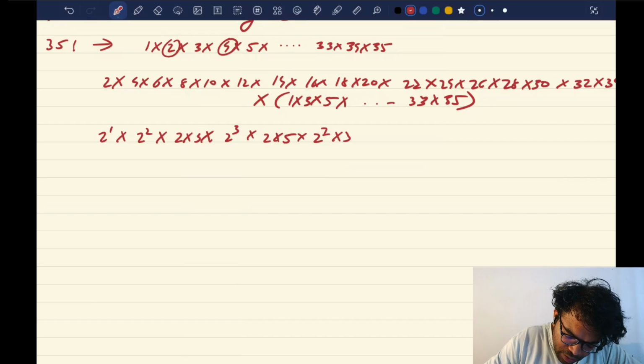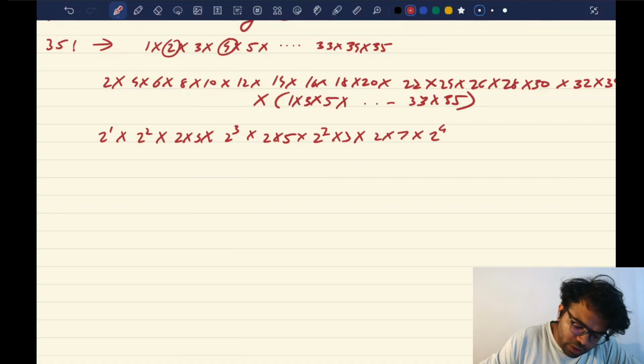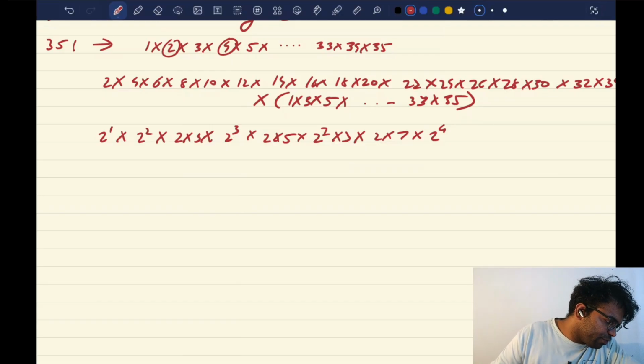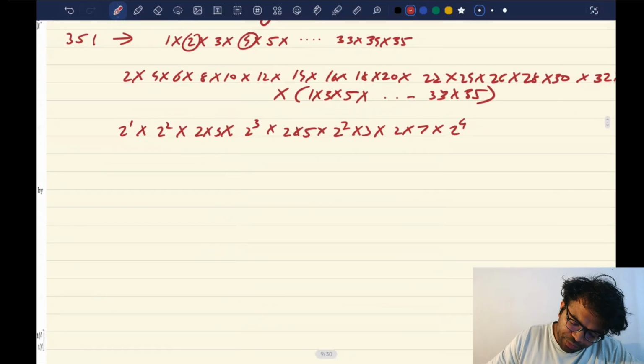Have you reached 12? 2, 3, 4, 5, 6, 7, 8, 9, 10. We just need a couple more. Multiplied by 2 multiplied by 7 multiplied by 2 multiplied by 2 to the power of 4. That's it. We have reached 2 to the power of 12. Yeah, this is more than enough.